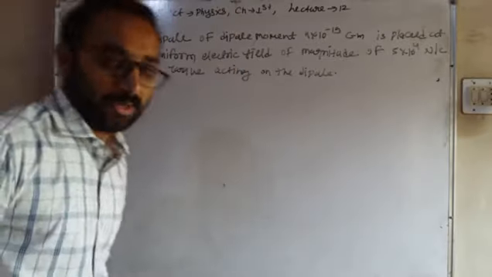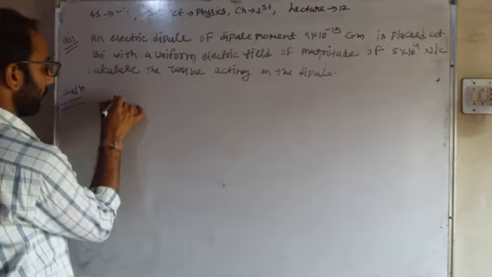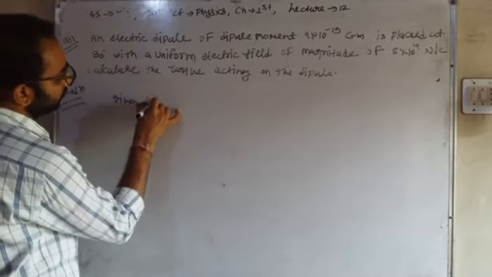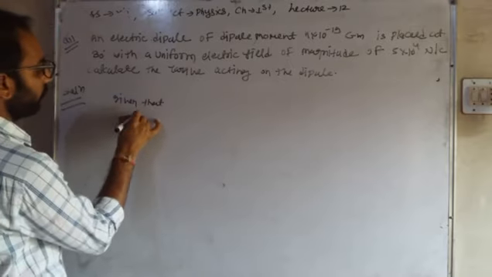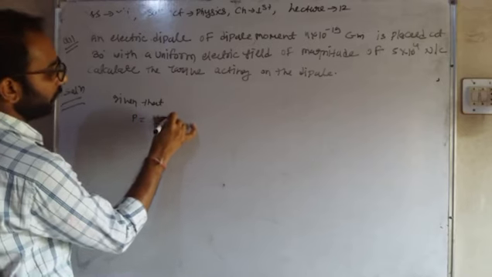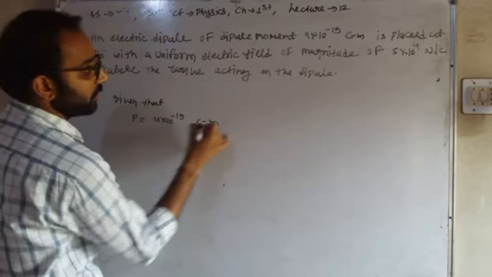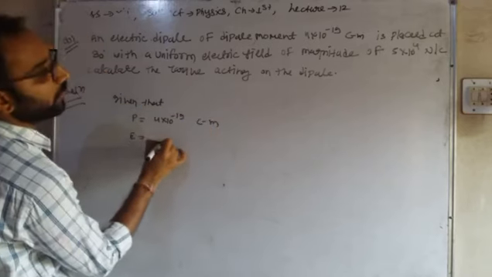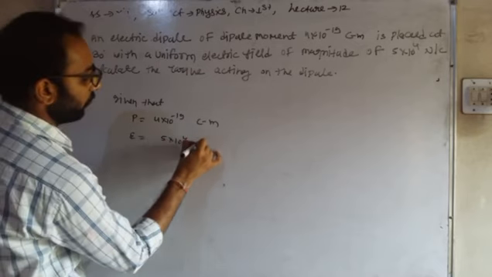Calculate the torque acting on the dipole. Okay, solution. Given dipole is 4 into 10 to the power minus 19 coulomb meter, and electric field is 5 into 10 to the power 4 Newton per coulomb.